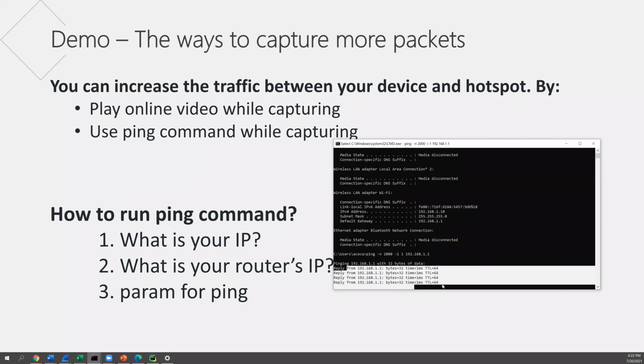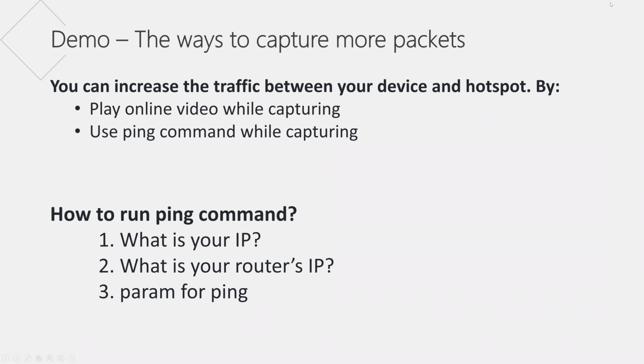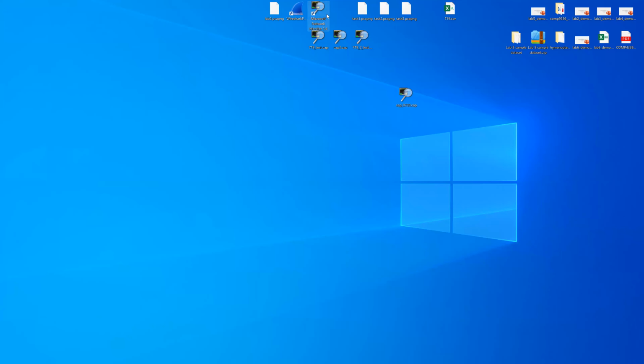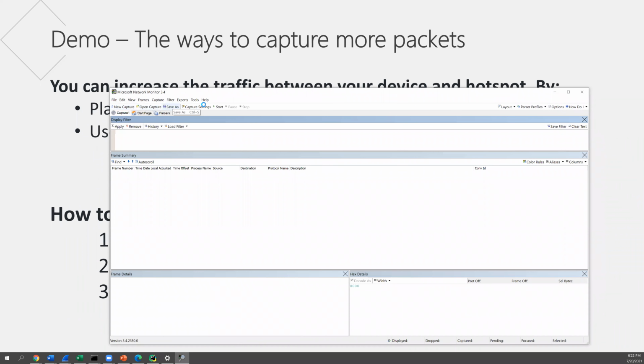So we can see we are sending the packet, and we can start to collect the data now. Just select only the Wi-Fi adapter here. And new capture, and press F5 to start capturing.